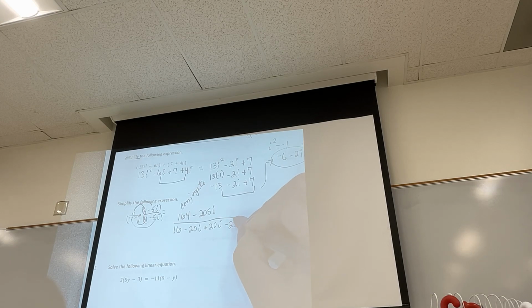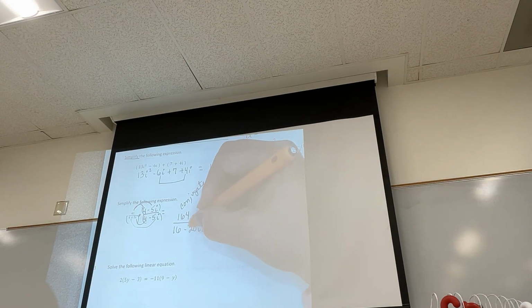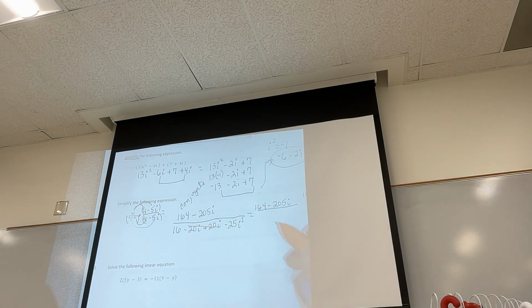Okay? So we can't just start reducing. We have to combine like terms. The top, we're not going to touch right now. The bottom, what happens in the bottom? Yeah, these like terms cancel, yes?